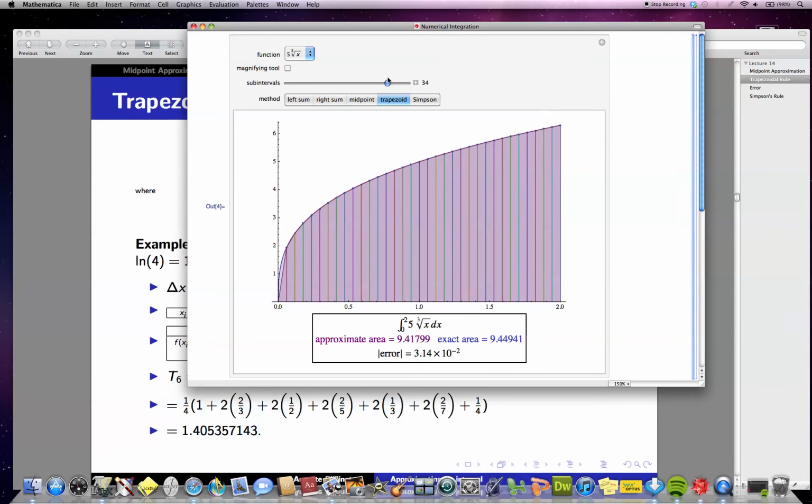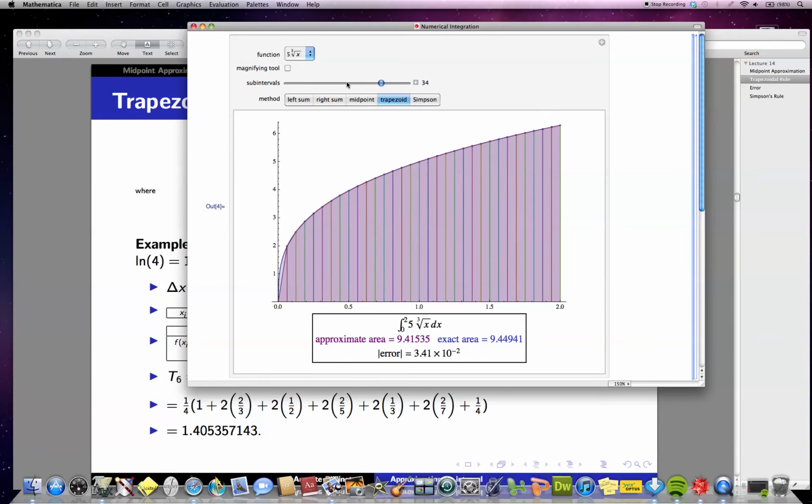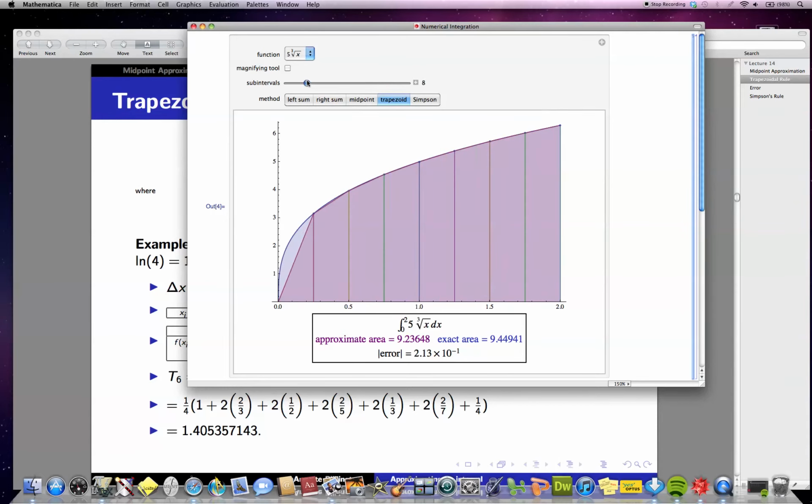Now there is of course an error in this approximation, as there is with all approximations. And here we see the trapezoidal approximation with, let's say, 8 approximating trapezoids to the integral from 0 to 2 of 5 times the cube root of x dx. The exact area is 9.44941, and the approximate area using the trapezoidal rule T8 in this case is 9.23648.